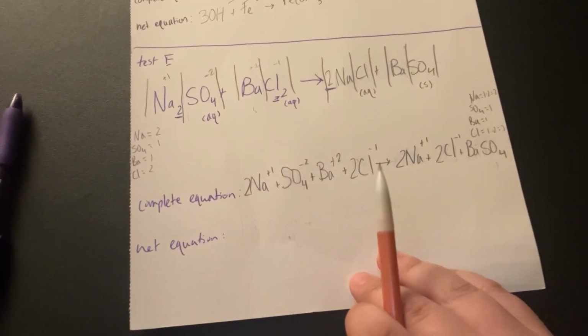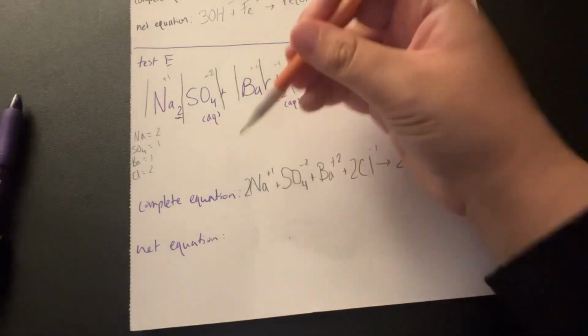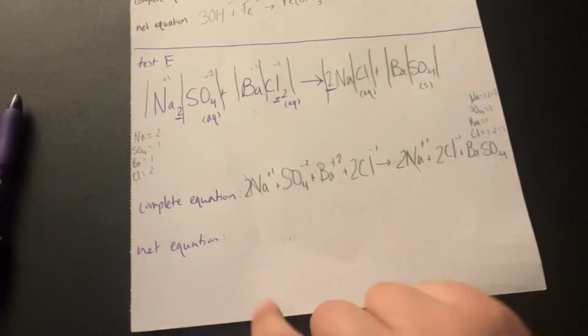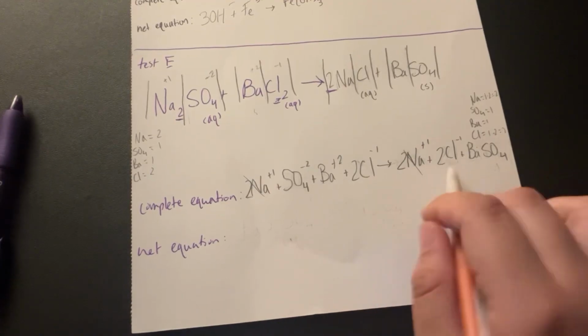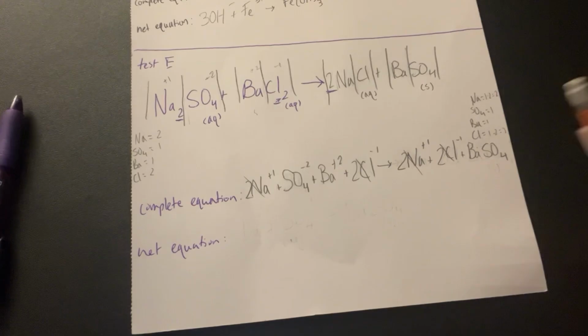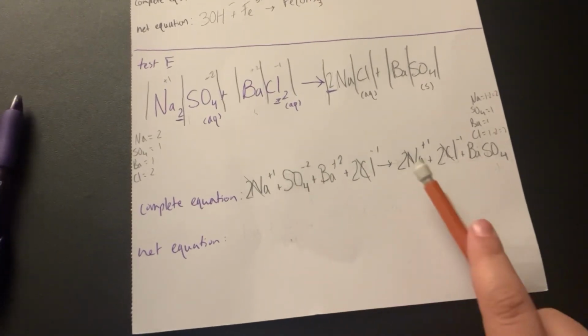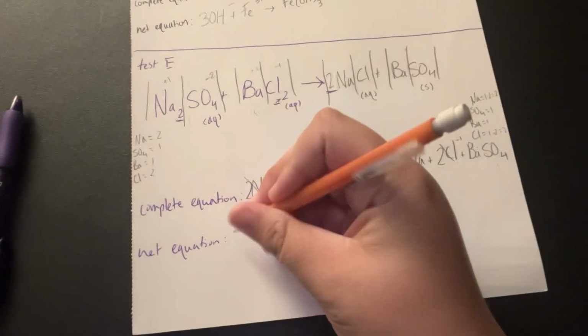Crossing out like terms. So you have 2Na on this side and a 2Na on this side. You have a 2 chlorine on this side and a 2 chlorine. Now you're left with barium and sulfate and barium sulfate. So let's write out the rest that we have left.